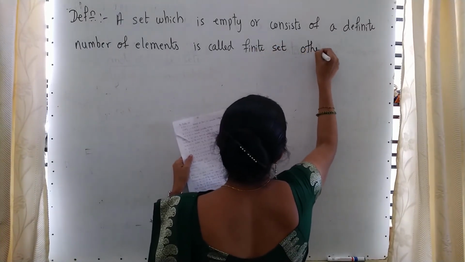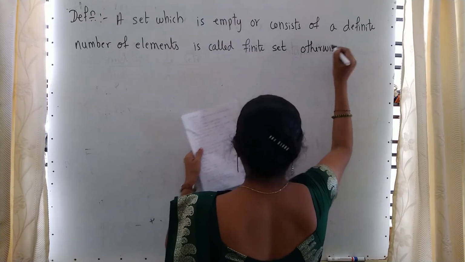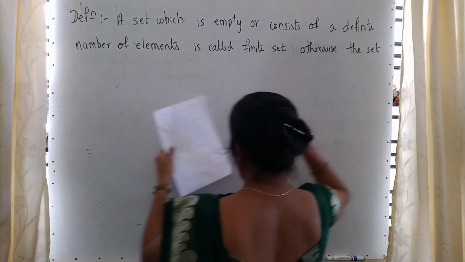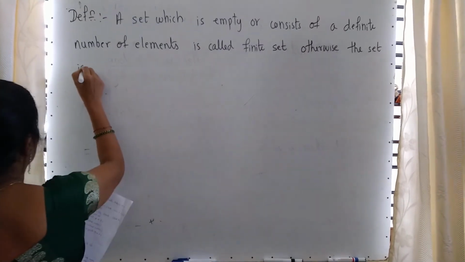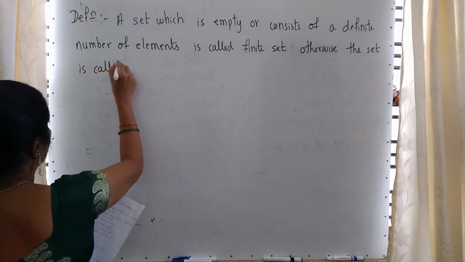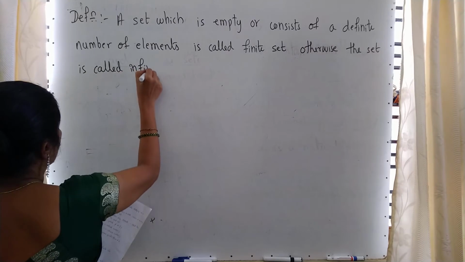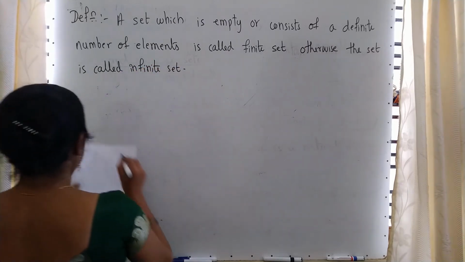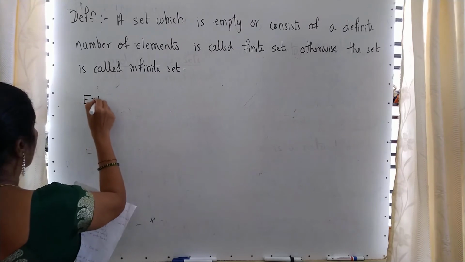Otherwise, the set is called an infinite set. Is it very simple or what? Moving to the examples.